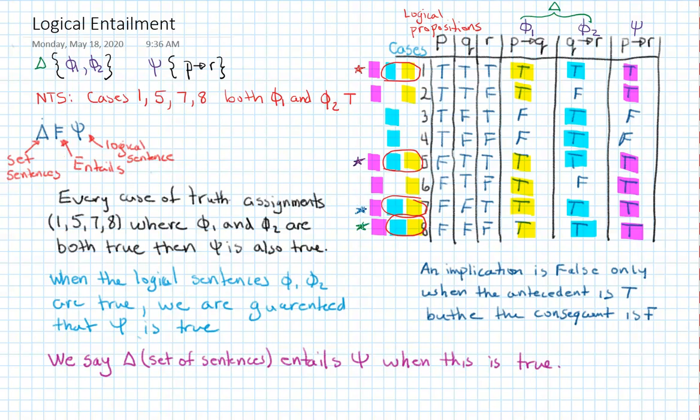So I'm going to say here, logical entailment means that if delta is true, then we're guaranteed psi is true, but we're not guaranteed if psi is true that delta is true. In other words, the implication doesn't go both ways. That's going to be challenging for students, so you're going to have to give them some examples. And I'll make another video with an example that helps kids with this.